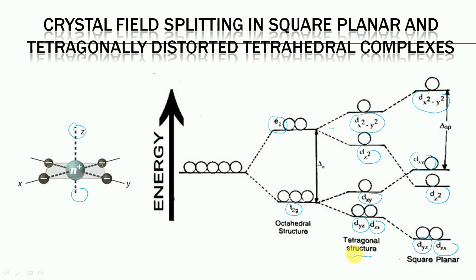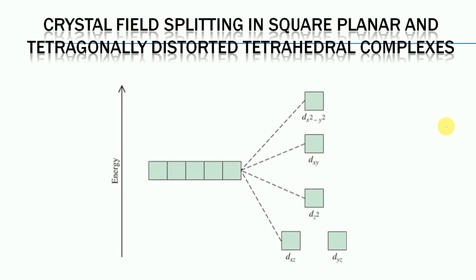So this one is the pattern for the tetragonal structure, and this one is the pattern of splitting of d orbitals in case of square planar complexes. The crystal field splitting energy difference in case of square planar complexes is denoted by delta sp. So this is the pattern of splitting of d orbitals in the square planar field.